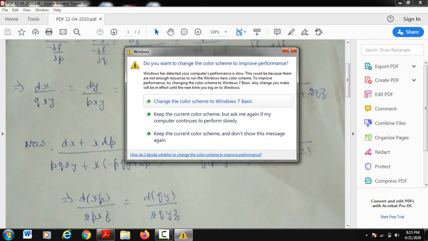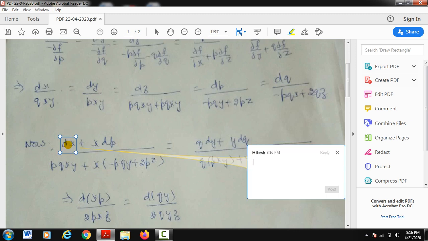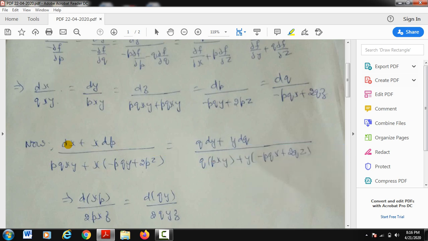Sorry, here it will be p dx plus x dp. Here I have written rightly. Here the factor will be p dx plus q dy.